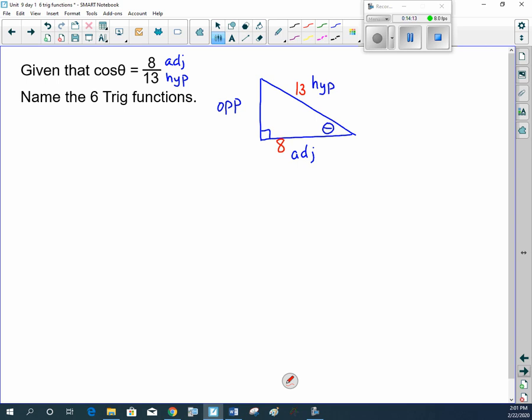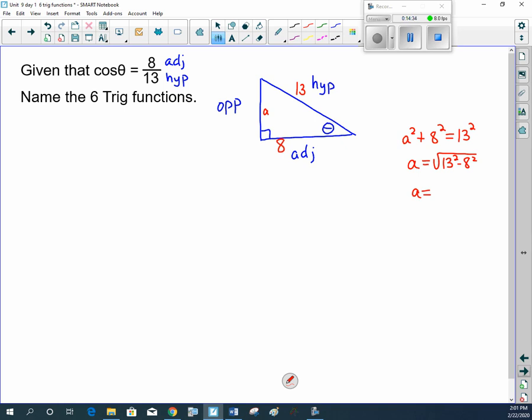I'll just call this side right here A. So A squared plus 8 squared equals 13 squared. So A turns out to be the square root of 13 squared minus 8 squared. And what do we end up with?